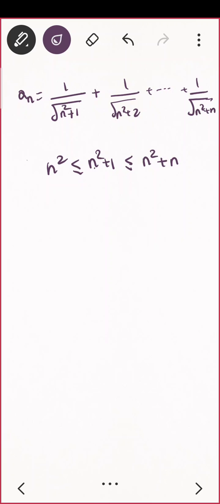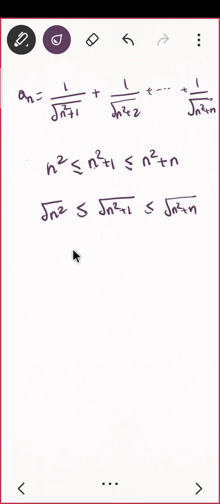So what about the square root now? If I take square root everywhere, can I take square root first of all? I can only take square root if all the numbers are positive here, and that is quite clear, correct? So I can take square root. So it will be square root of n square, then square root of n square plus 1, and this is less than or equal to square root of n square plus n.